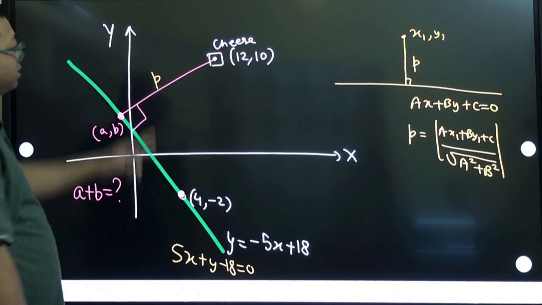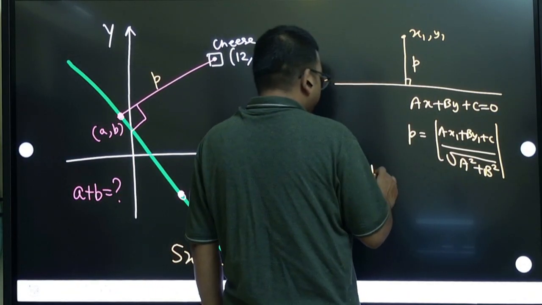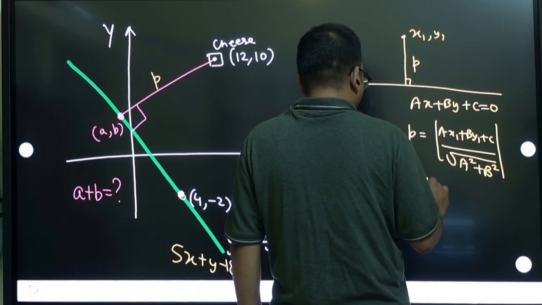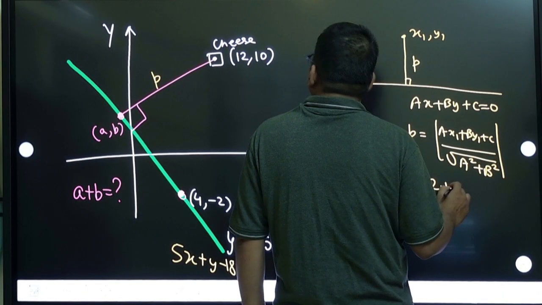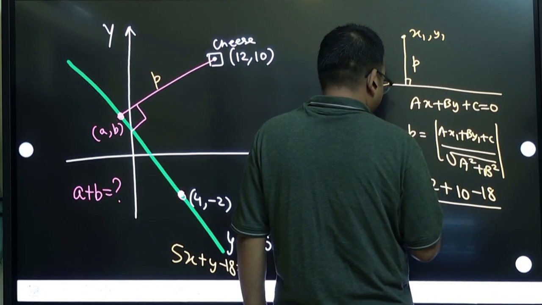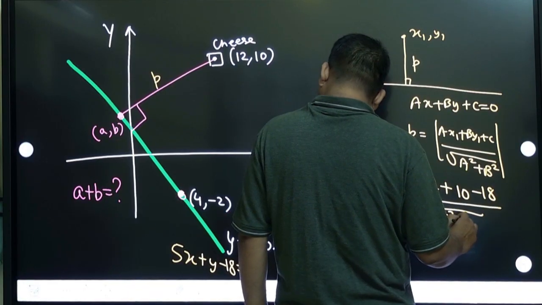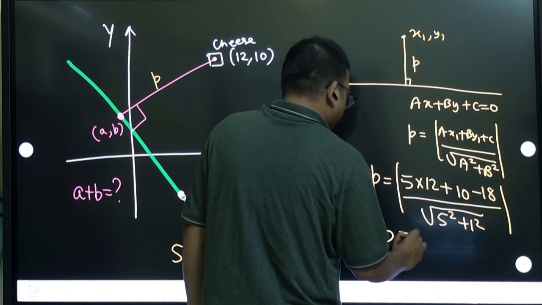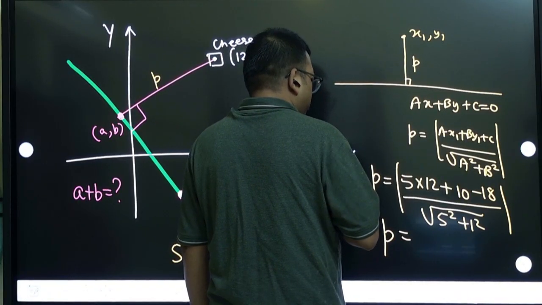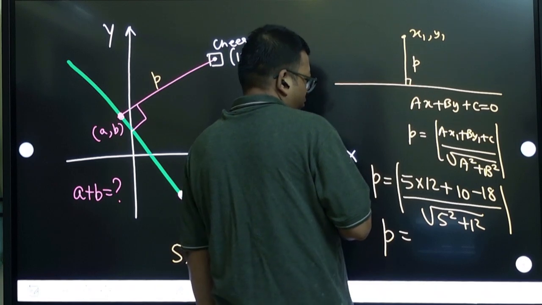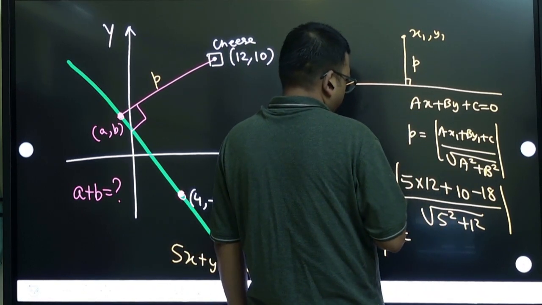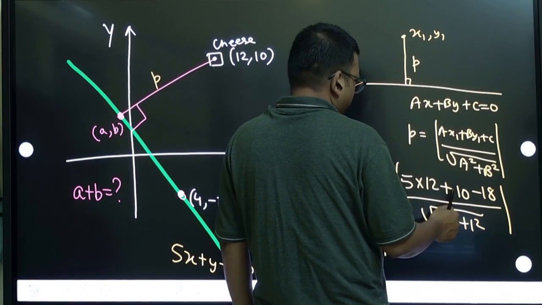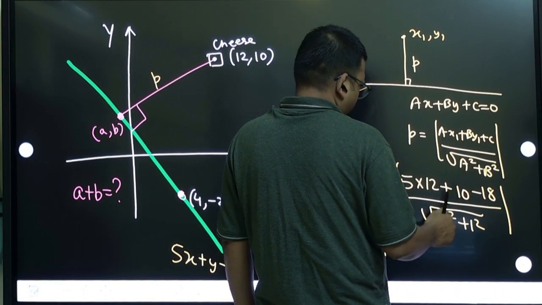Write the equation like this and then put in the values. So the perpendicular distance P is 5 into 12 plus 10 minus 18, divided by root under 5 square plus 1 square. 5 into 12 is 60, 60 plus 10 is 70, 70 minus 18 is 52.